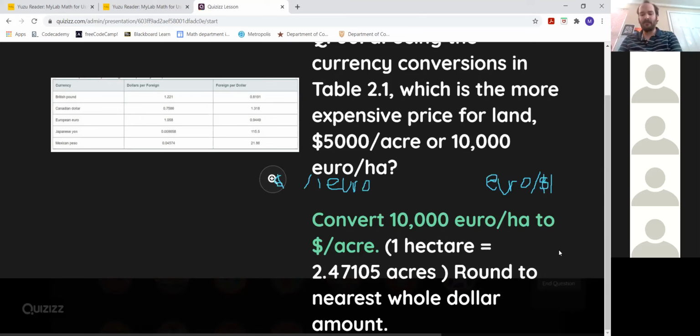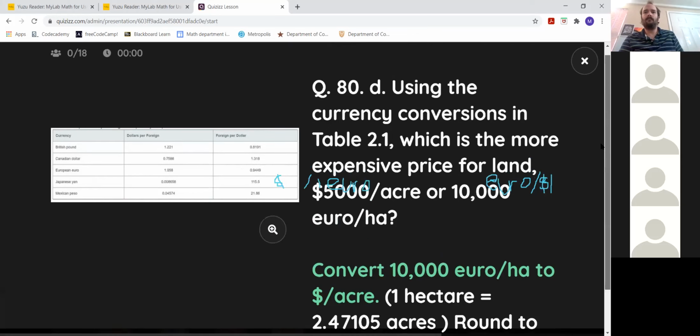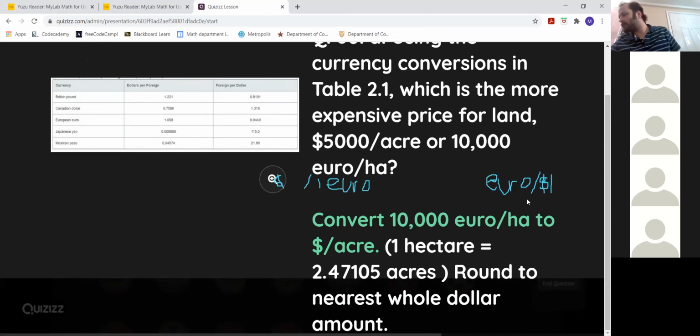So the number in the table should get rid of your euros. This number should get rid of your hectares. So set it up so that we can get rid of it. And I have this in the nearest dollar per acre.